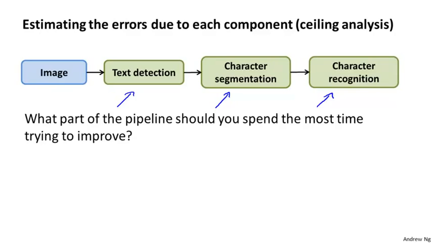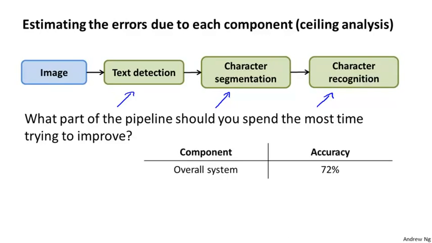As in the development process for other machine learning systems as well, in order to make decisions on what to do for developing the system, it's going to be very helpful to have a single real number evaluation metric for this learning system. So let's say we pick character level accuracy. So given a test set image, what is the fraction of characters in the test set image that we recognize correctly?